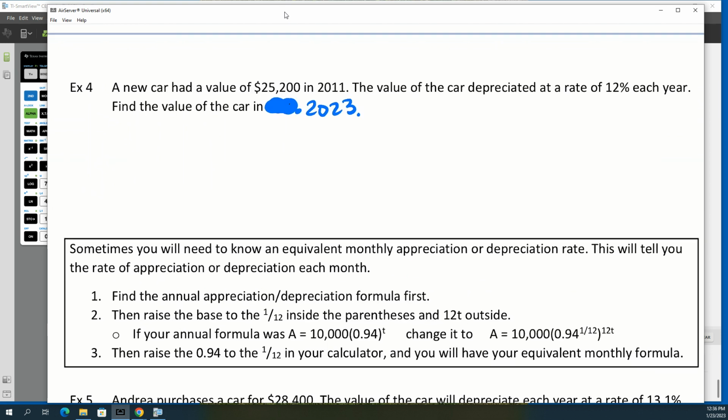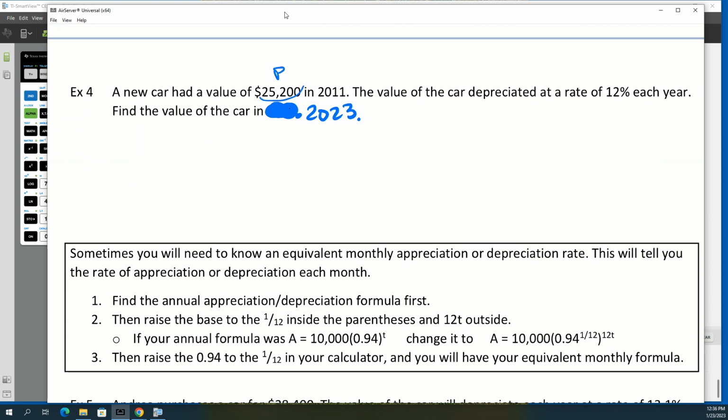All right, so I know that 25,200 is going to be P. And I want to take that 12% and change it to a decimal. Do you guys know where the decimal is if you don't see it? Yeah, it's at the very end. So I'll take that and move it 2 places. So we're going to use 0.12 for R.